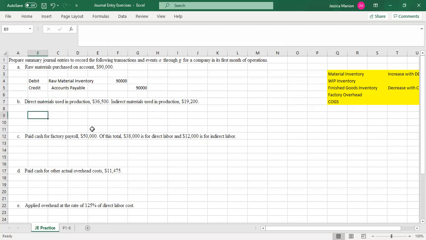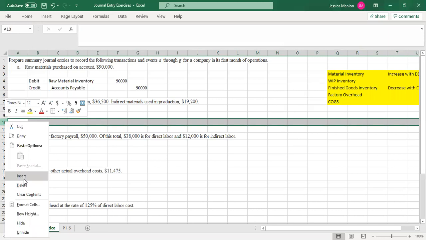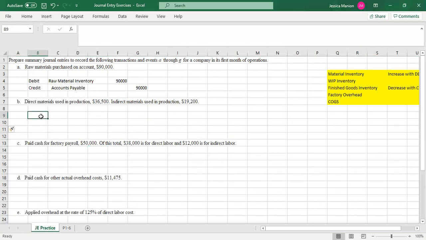All right, this one says direct materials used in production, 36,500. Indirect materials used in production, 19,200. So actually this is one where I want to get one more row in here, because on this one we're going to have two debits and one credit. We debit work in process inventory for the amount of direct materials, and we debit factory overhead for indirect materials.